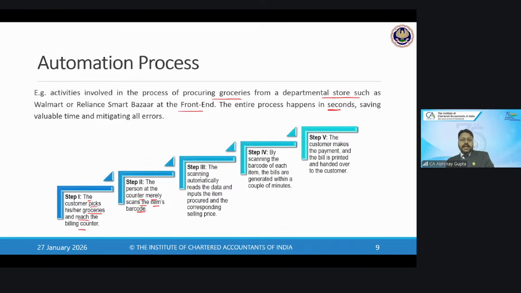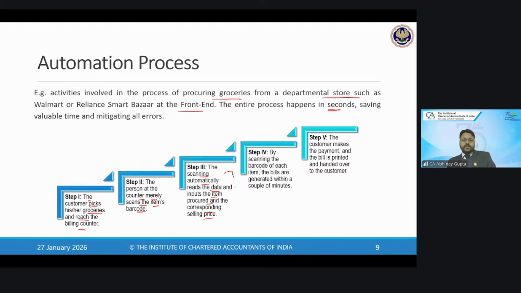As soon as he scans, the system automatically reads what item you are purchasing, what the MRP is, what scheme or discount is offered, what the GST is, and accordingly inputs them into the system merely by scanning, without punching anything into the system, right? And the corresponding selling price.